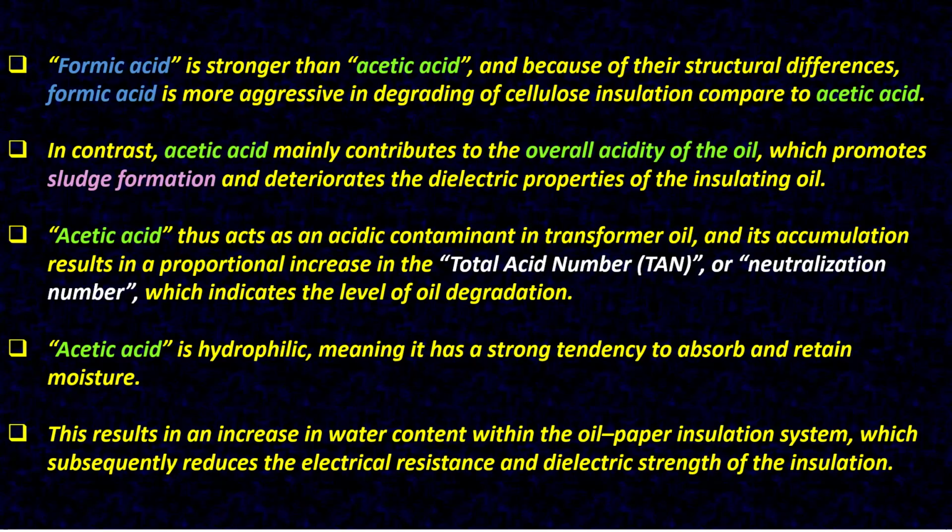Acetic acid thus acts as an acidic contaminant in transformer oil, and its accumulation results in a proportional increase in the total acid number, that is TAN value, or neutralization number, which indicates the level of oil degradation.